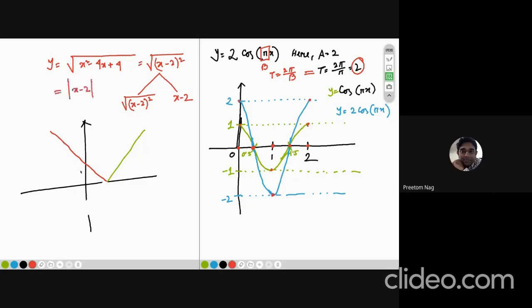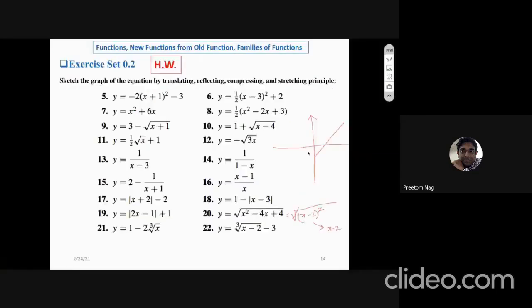Okay, alright? Okay sir. So this is the concept actually. We drew the graph of x minus 2, and then going back to the idea that y can never be negative, the negative part we shifted to the upper plane, the positive y plane. That's it. Any other question?